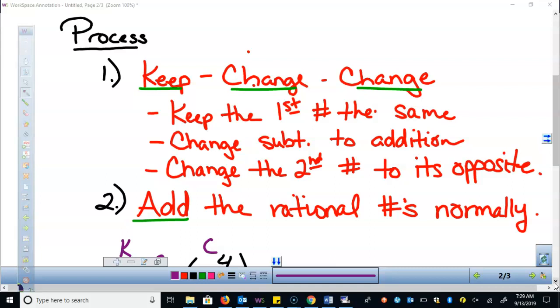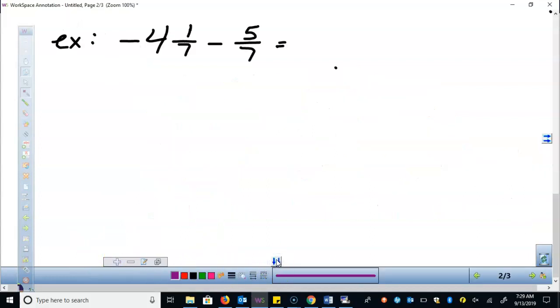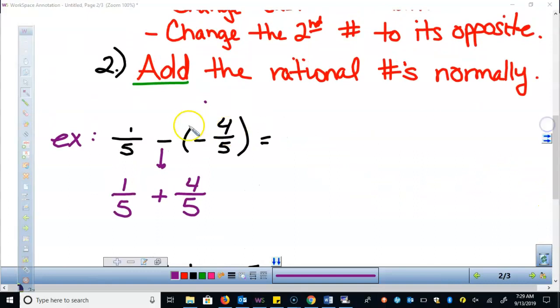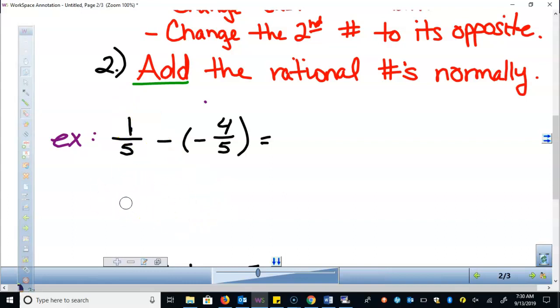So let's go ahead and do a couple of examples here. Our first example: 1/5 minus -4/5.